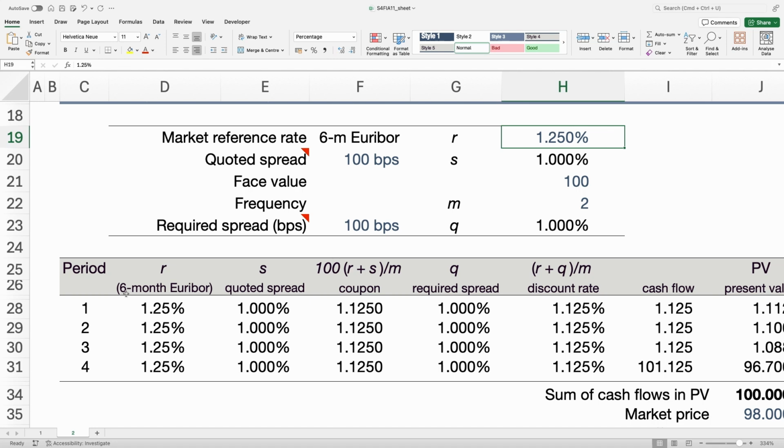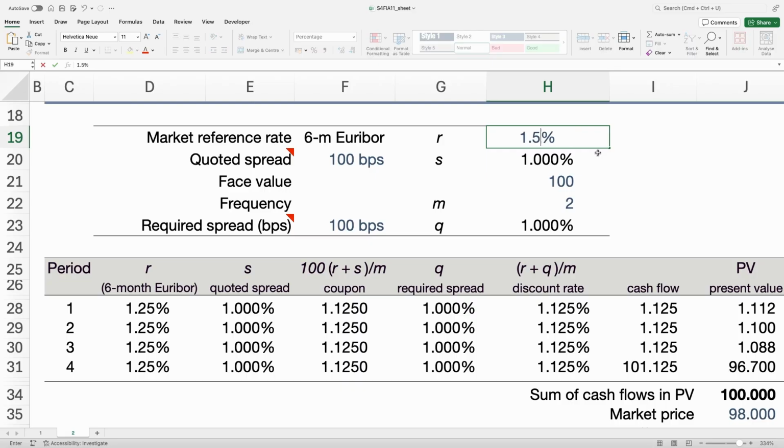Absolutely. We're 6 months before the next coupon payment, which would be Euribor 1.25% plus 100 basis points, or 1% divided by 2, or in figures 1.125%, since it's semi-annual. So the coupon is set in advance and it's settled in arrears.